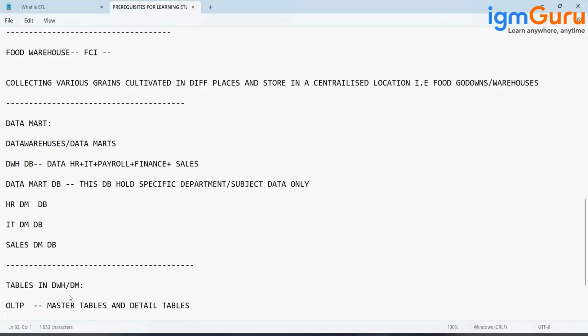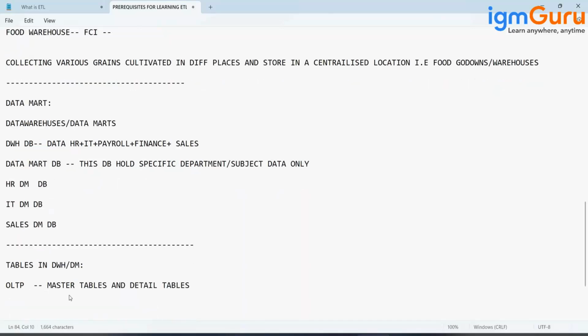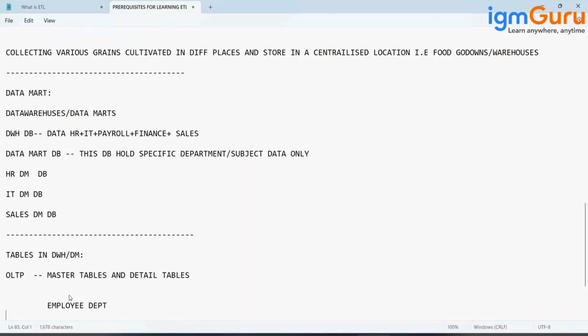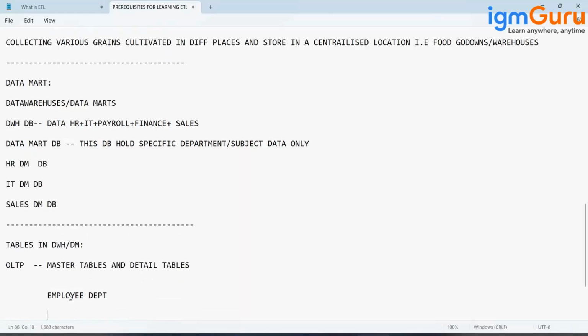So let's say I take the example of employee and department. The employee table holds employee ID, employee name, some salary and some department ID.